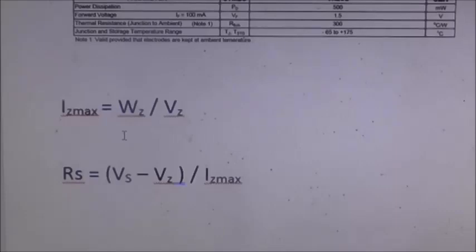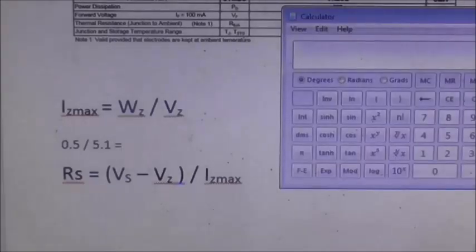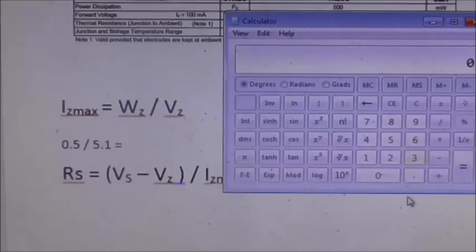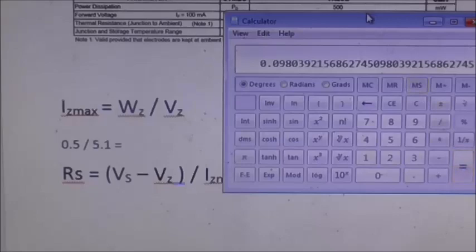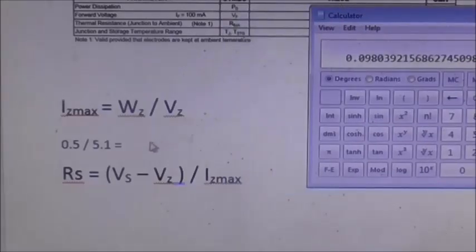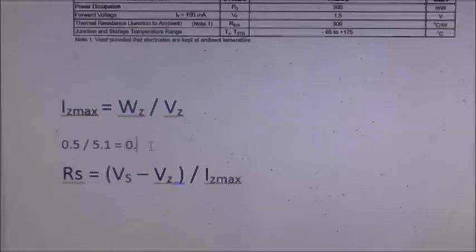We know that it can handle 0.5 watts, and we want to put that over its output voltage, which is 5.1. I said Saturday evening, and I can't be bothered to do that in my head, so 0.5 over 5.1. And we might as well call that 0.1, and that is, of course, in amps.